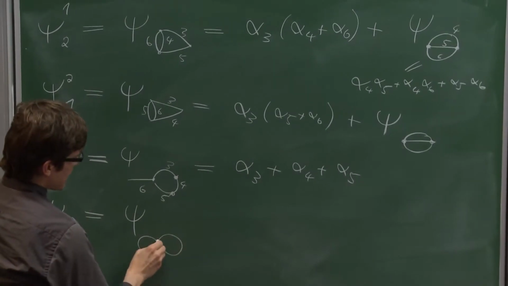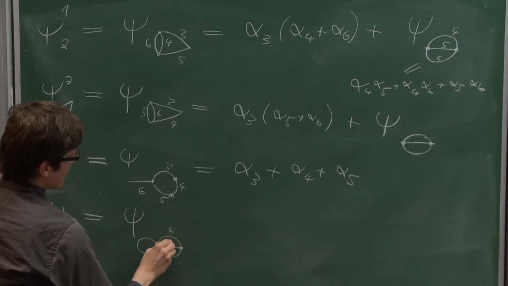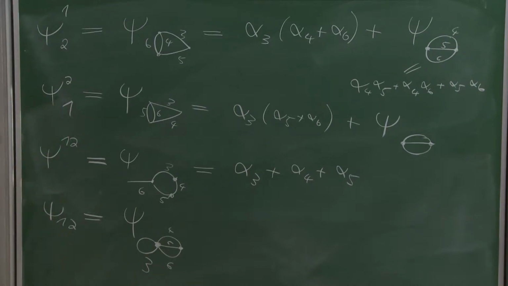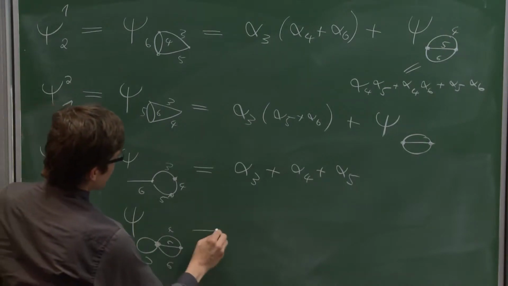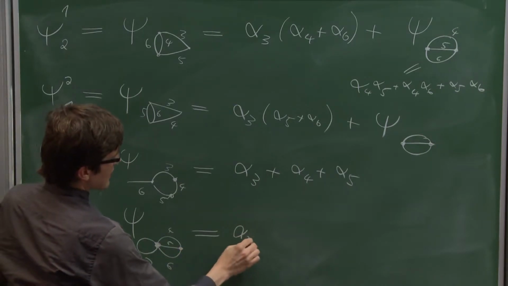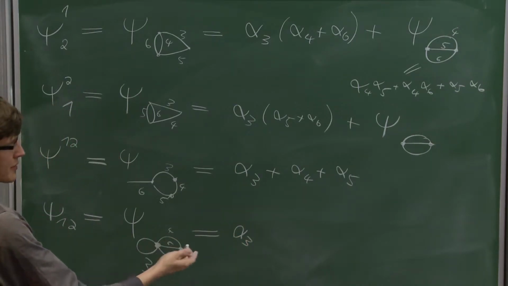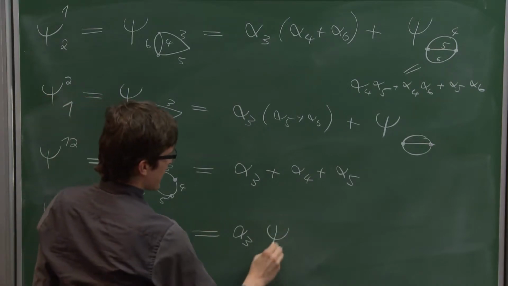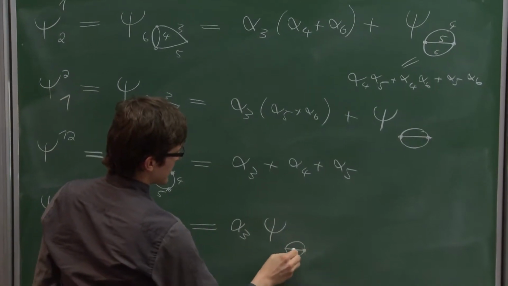And then we have the sunrise of 4, 5, and 6 here. But what does the self-loop mean? You're summing over spanning trees. I mean, no spanning tree can contain edge 3, because then it would have a loop. And the spanning tree is not allowed to have a loop. So actually, no spanning tree contains alpha 3, which means that alpha 3 actually multiplies this polynomial. It's the divisor of the polynomial. And then the thing that remains is just, again, this sunrise polynomial.